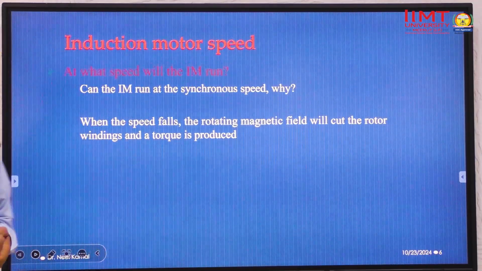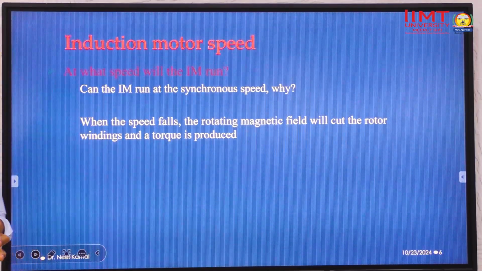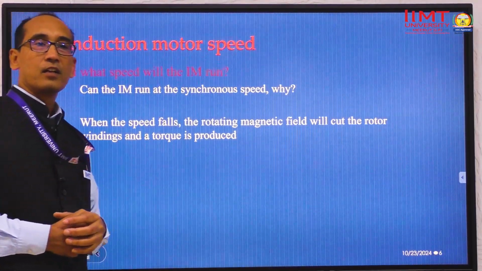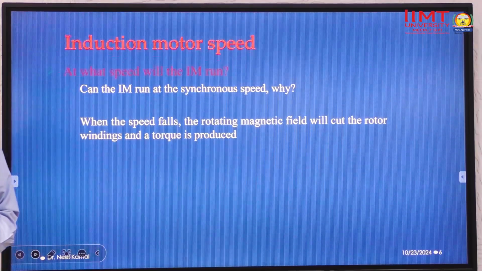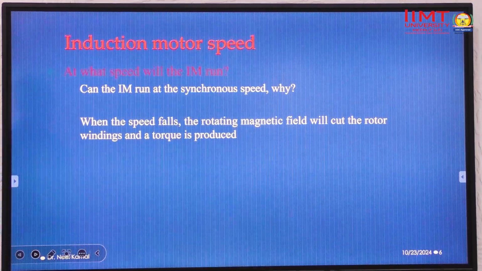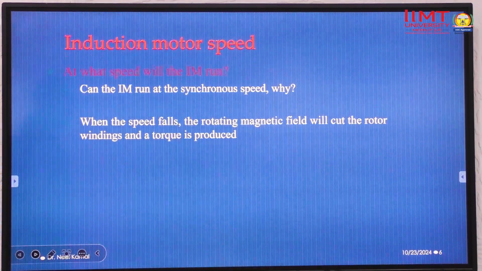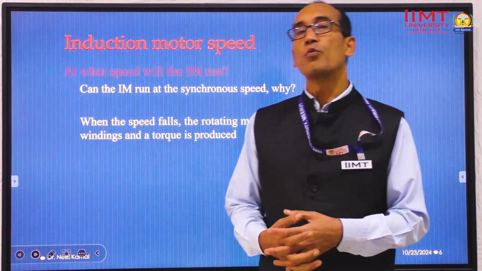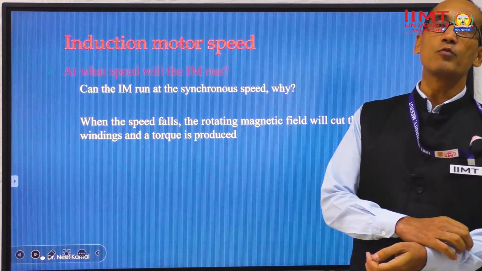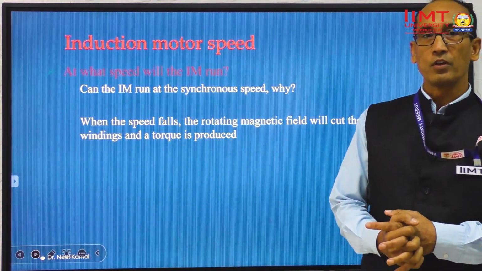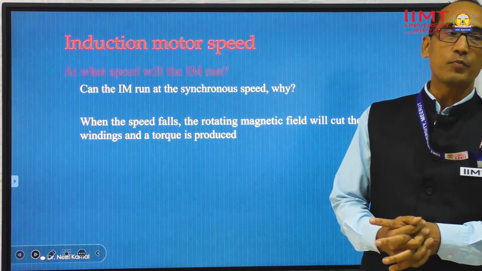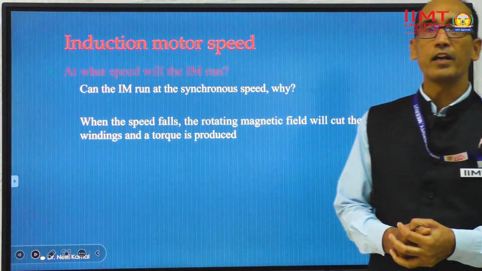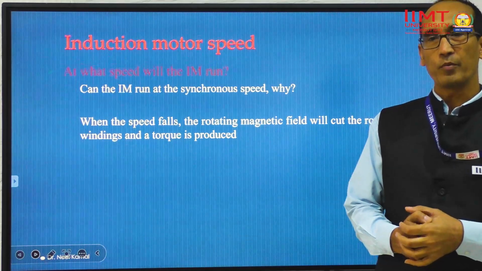So it never attains synchronous speed, but always runs at a speed slightly lesser than the synchronous speed. Suppose we have a two-pole motor. Its synchronous speed will be 3000 rpm, but its rotor speed will be near about 2900, 2980, 2920 rpm, like that.